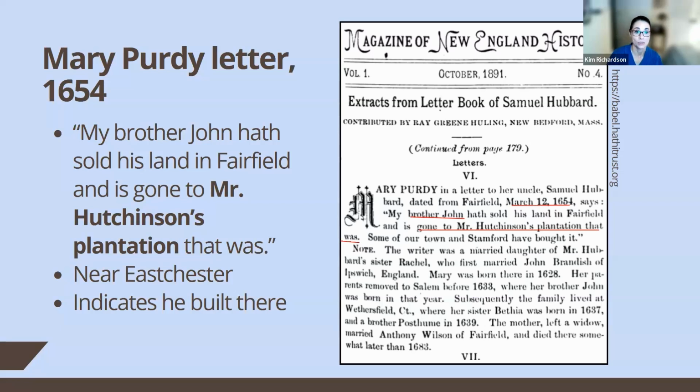This is using resources available through history associations and genealogy associations, and things that they preserved. She is telling her uncle about her brother John, and she says, my brother John sold his land in Fairfield and moved to where Mr. Hutchinson's plantation was. So she is attributing this plantation in that area to Mr. Hutchinson and not Anne herself.